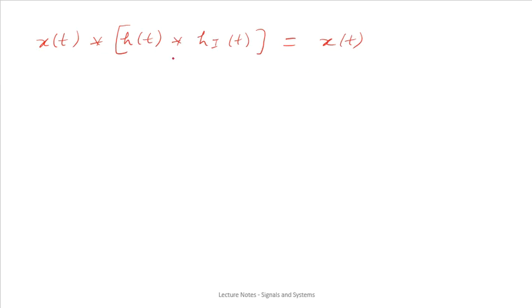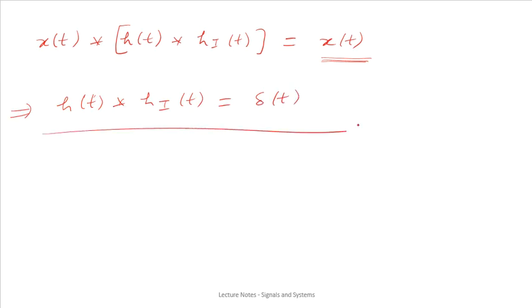Now if you remember one property of convolution, that whenever a signal is convolved with an impulse signal, you obtain the same signal, then just by using that property, h(t) convolved with h_I(t) gives delta(t).